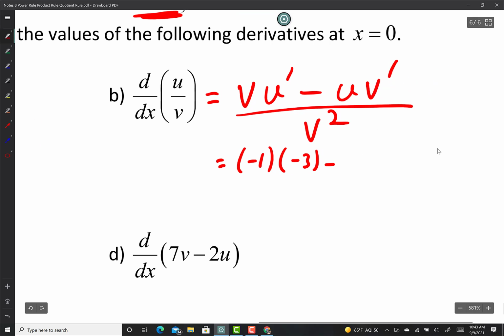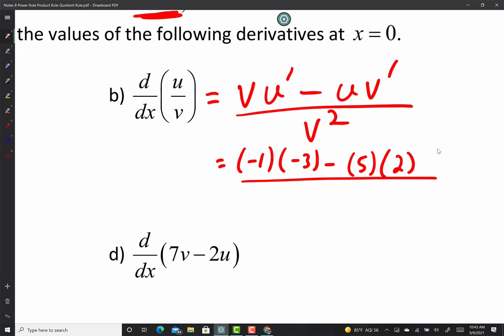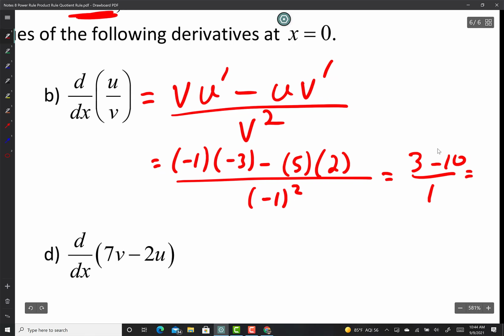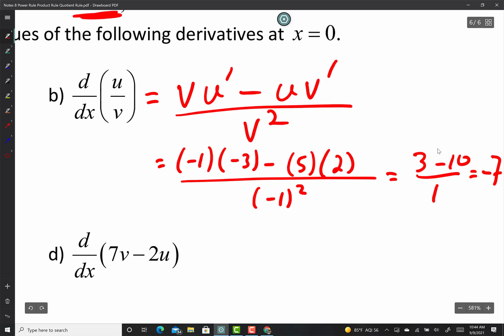Minus u of 0, 5. V prime of 0, 2. All over v squared. The bottom is just V, not V prime. -1 squared. Let's see what that number is. 3 minus 10 over 1. So I see -7. Are we okay, guys? Okay.